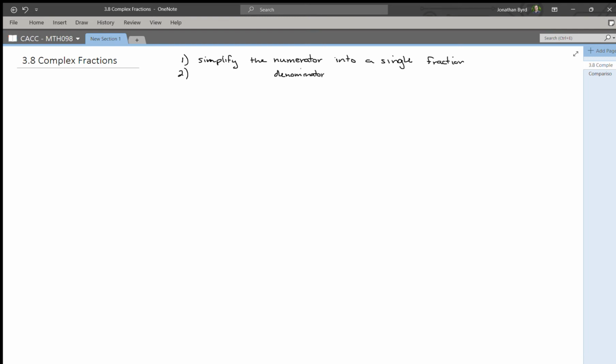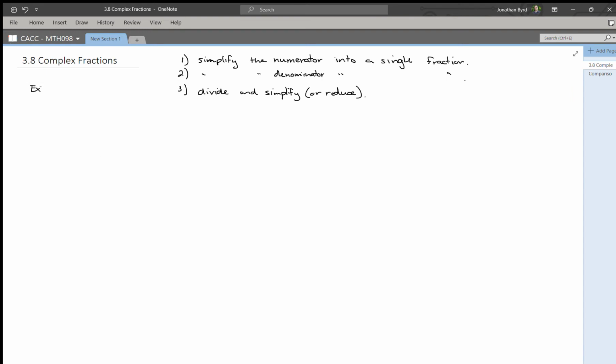So we're going to take all of whatever we have in the numerator part, we're going to simplify that down into a single fraction. We're going to take the denominator, we're going to simplify it down into a single fraction, and then we're going to divide the fraction or perform the division and then simplify once again, or reduce if you like. So simplify or reduce. And that's if possible, so it could be the case that we can't.